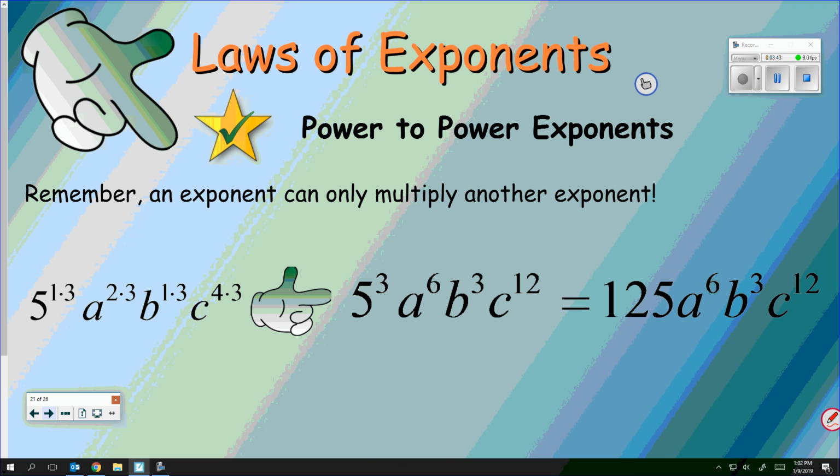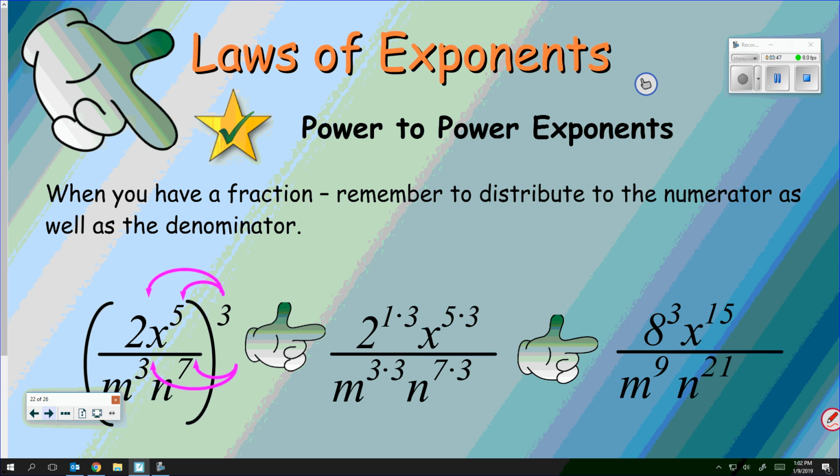Now, next, we can see a fraction. So they're giving us a fraction, we still are going to distribute this number outside of those parentheses. But we're not only distributing it to the top, we're also going to have to come down and distribute it to the bottom.